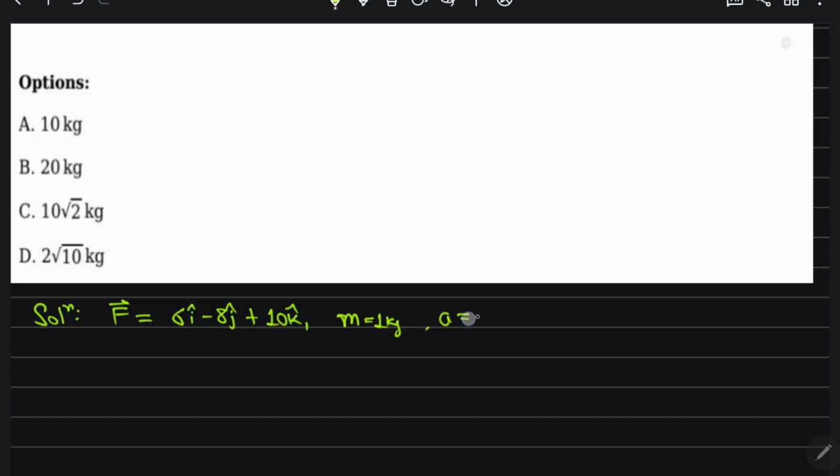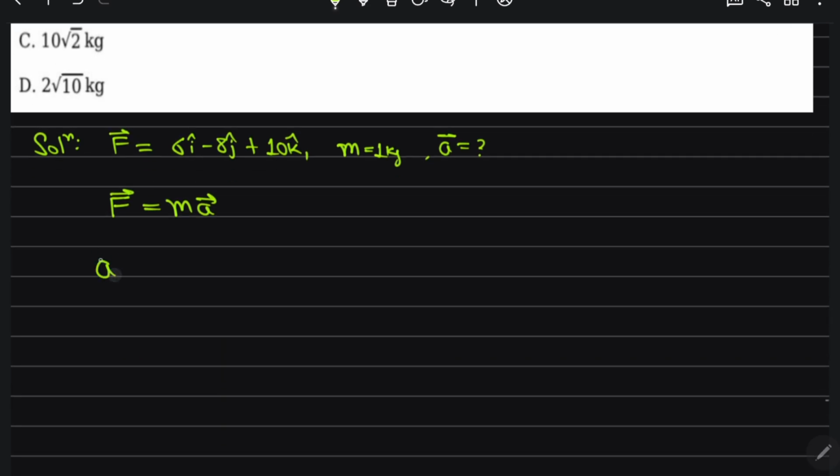They are asking acceleration vector. So force vector is equal to mass into acceleration vector. So acceleration vector is equal to F vector divided by mass. So force is 6i cap minus 8j cap plus 10k cap divided by mass 1 kg.